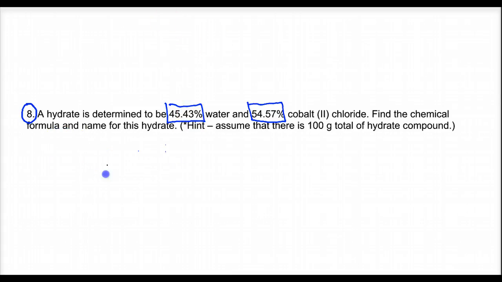So just like we did before, we'll take our 45.43%. Now this is a little different because we're not dealing with individual elements. This is the hydrate's 45.43% water. So we don't write hydrogen or oxygen, it's the entire water. This is 54.57% anhydrate.